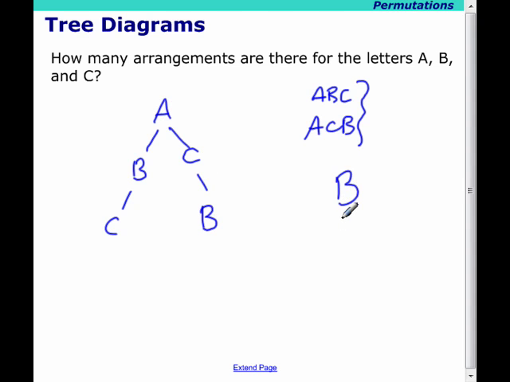So if I start with a B, then I could have an A, or I could have a C. If I went with an A, my last one, of course, is a C. If I went with a C, my last one, of course, would be an A. So here, there were 2 permutations. Now I've got another 2, and of course, with the last one, I'm going to have another 2. So up here, I could say there would be 6 permutations or arrangements using the letters A, B, and C, where you can only use them once.